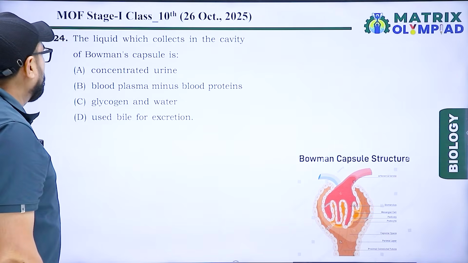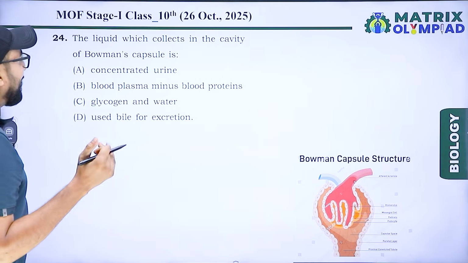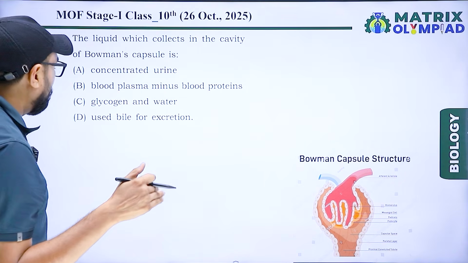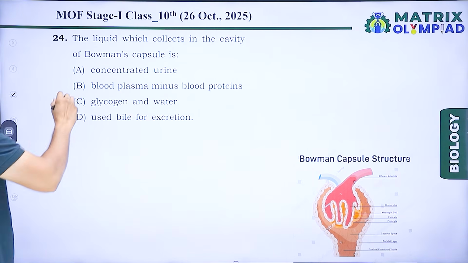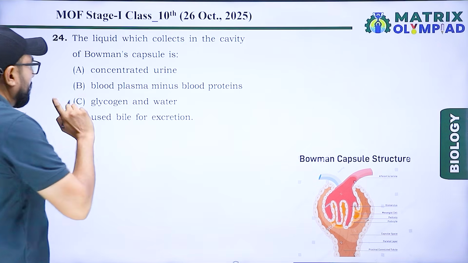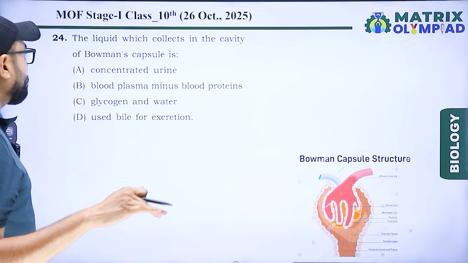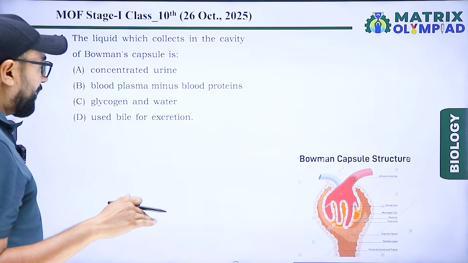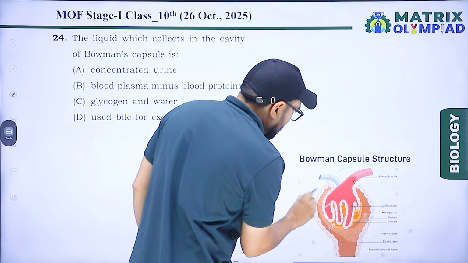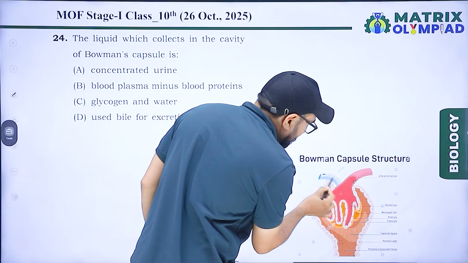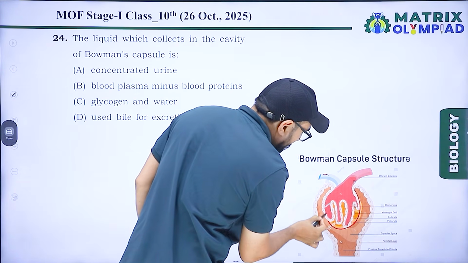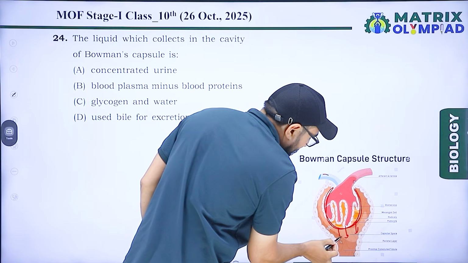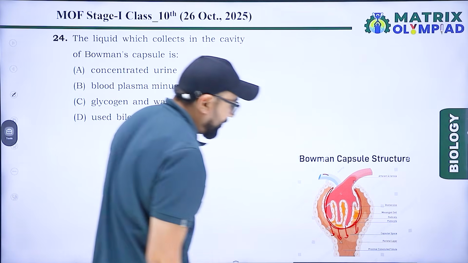Next, the liquid which collects in the cavity of Bowman's capsule. Concentrated urine? No. Blood plasma minus blood protein. It means glomerular filtrate comes into Bowman's capsule and then transfers into the PCT.